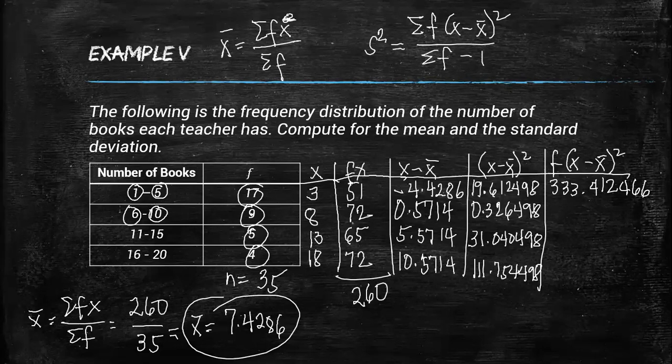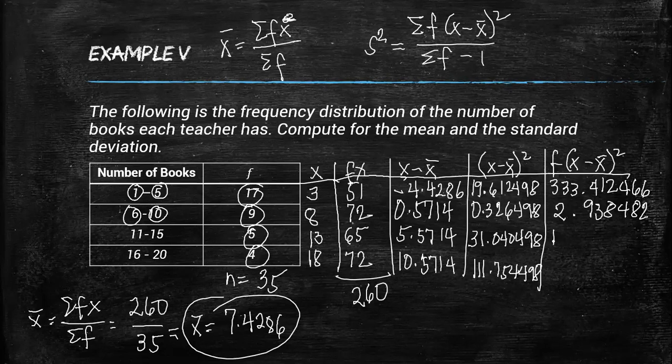Susunod, 9 na tayo. 9 times 0.32, 6498. So that is 2.938482. Next natin, 31.040498 times yung f niya, which is 5.